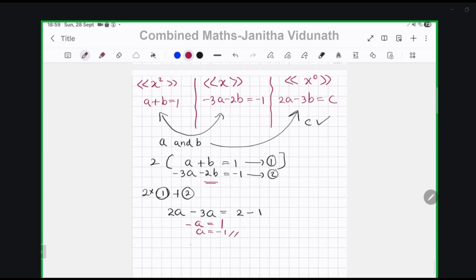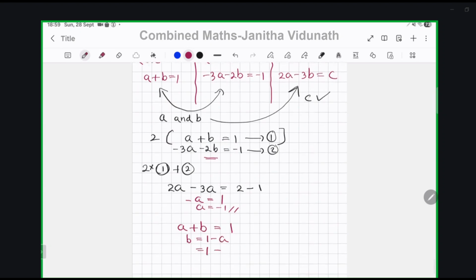Then we can substitute it into the first equation. a plus b is equal to 1, that means b equals 1 minus a. 1 minus a means 1 plus 1, so b is equal to 2. Then we already know 2a minus 3b is equal to c from this equation.